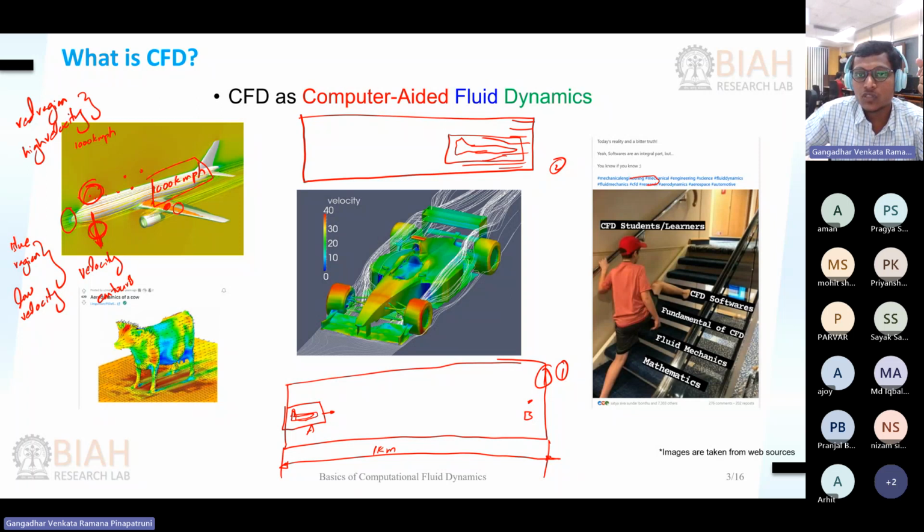My requirement is to see only the fluid flow on top of the aeroplane. So I don't want to bother about where it is going. Maybe it is going from India to New York or India to wherever, Washington, whatever it is. Let it go to somewhere, anywhere. I don't want to bother. I want to see only how much pressure distribution is acting on the aeroplane. So I can fix my frame to the aeroplane and allow my fluid to pass over it.